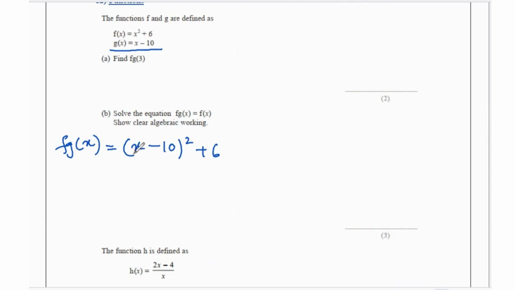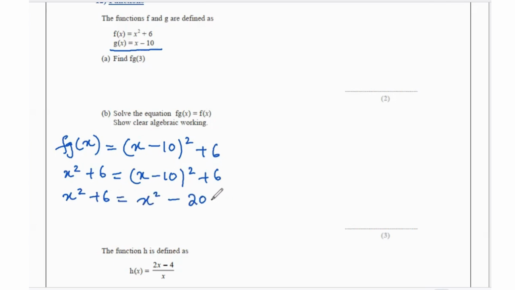Now they're saying we have to put this equal to f of x and then solve it. So f of x is x squared plus 6, and put this equal to (x minus 10) whole square plus 6. Expand the bracket. So x squared plus 6 equals x squared minus 20x plus 100 plus 6. Bring everything on one side.